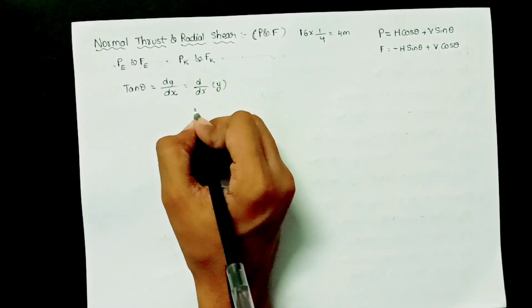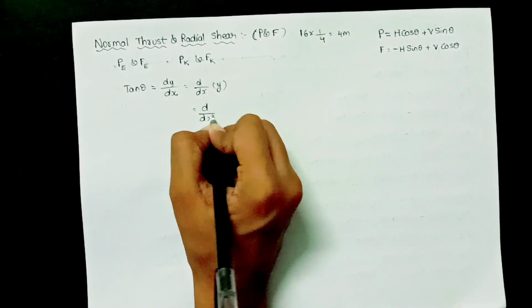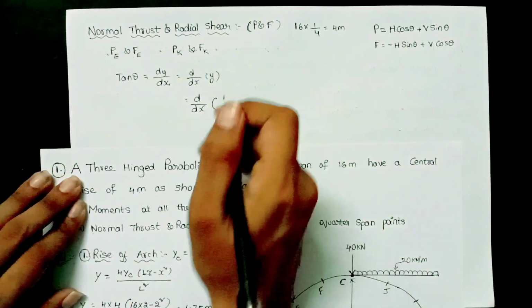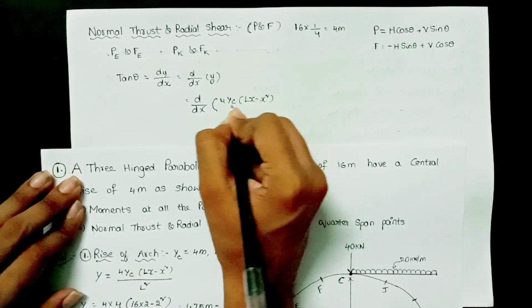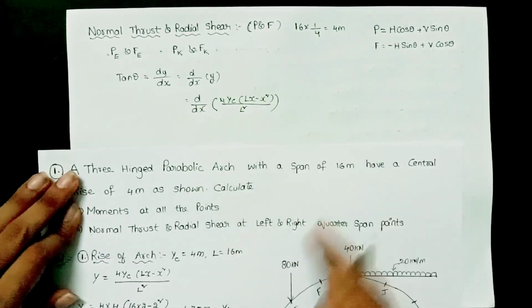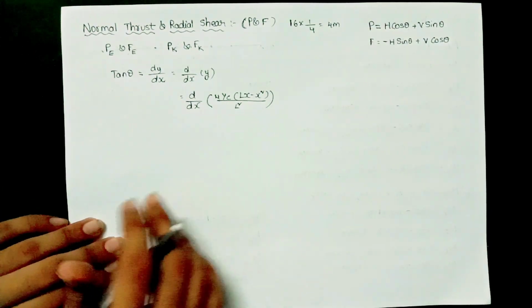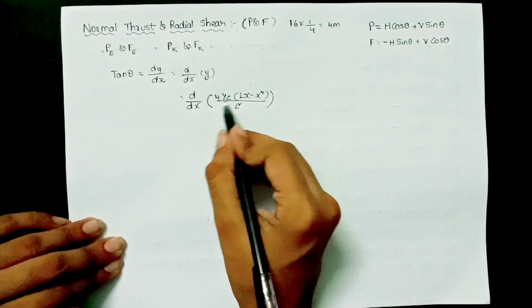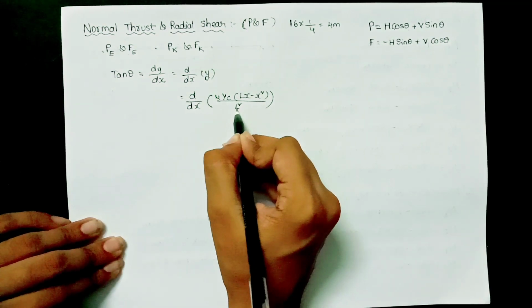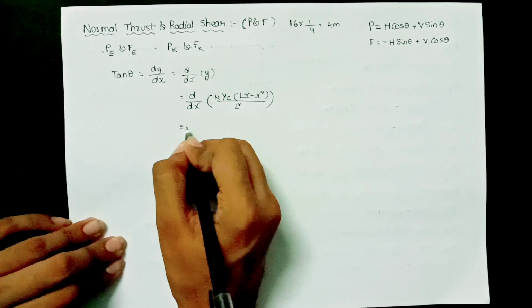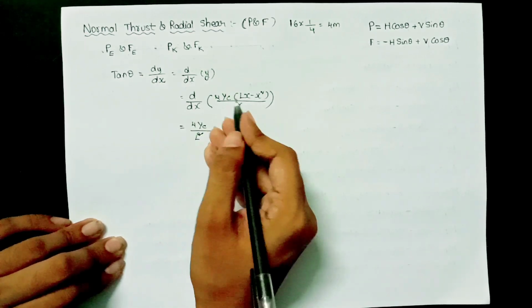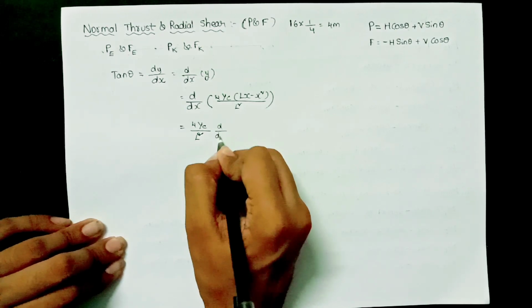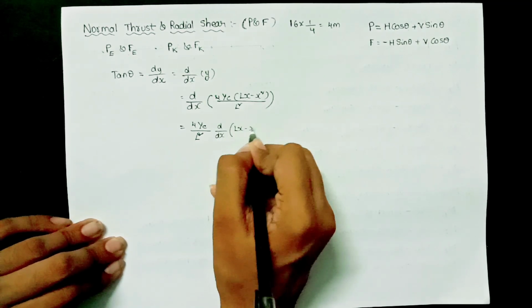Okay, so I am writing the formula d by dx of 4yc into Lx minus x square divided by L square. Now in this formula 4yc by L square is common, constant. So I am taking 4yc by L square outside and applying differentiation to the remaining terms.